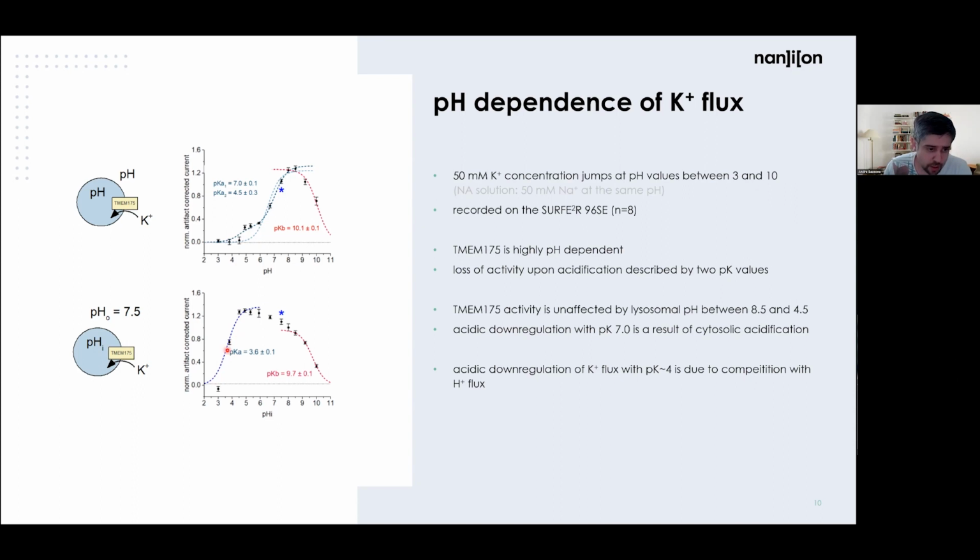We think this signal loss is the same signal loss as we see at symmetrical pH, just due to competition with protons. Since you have much more protons at acidic pH values, protons go through the channel as well, and that will block the potassium flux, which we measure here.